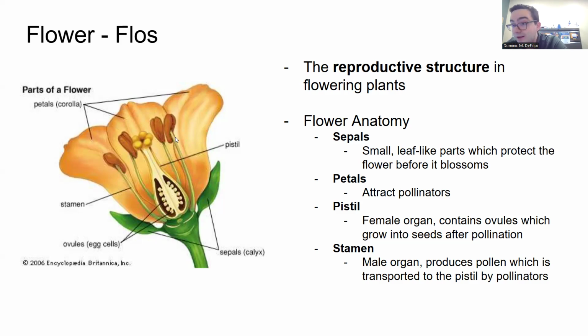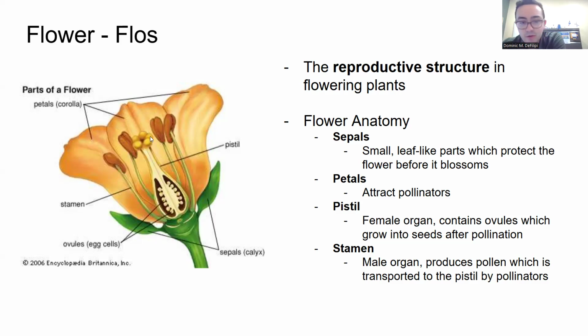Stamen are the male organ of the flowering plant, which produces pollen. So those are transported to the pistil by the pollinators. Oftentimes, a bee will land on this flower, and it'll collect a bunch of pollen while landing into the flower to drink the nectar.